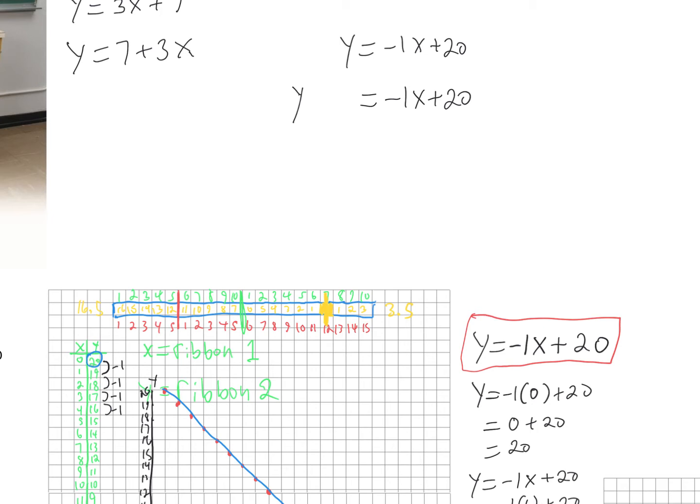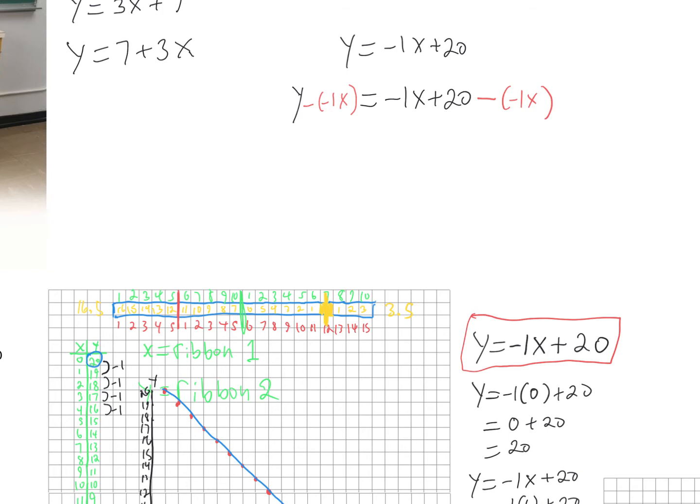And if you recall, when you are subtracting a negative number, it is the same as adding it.